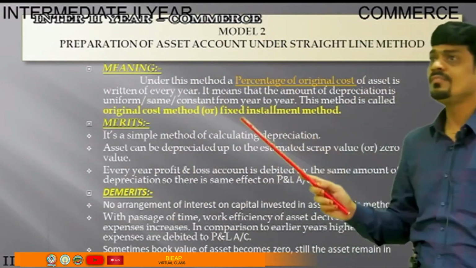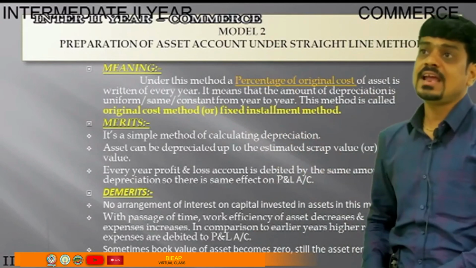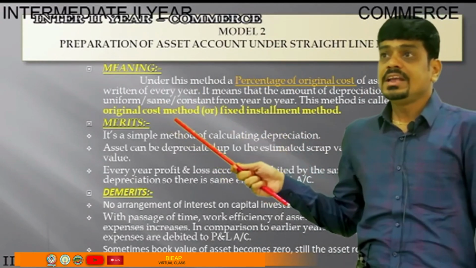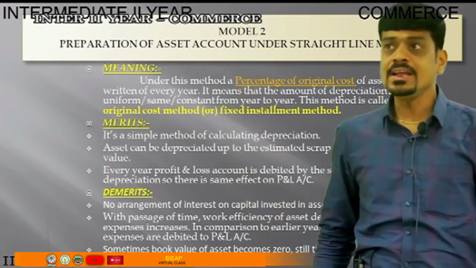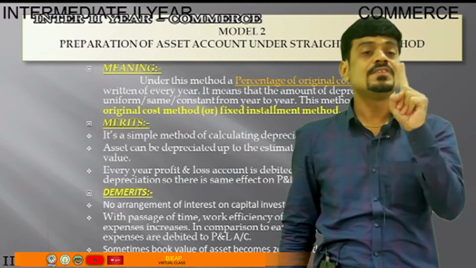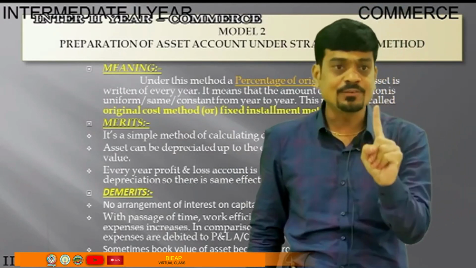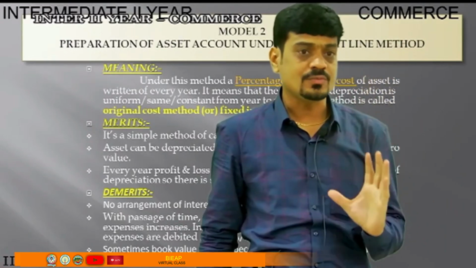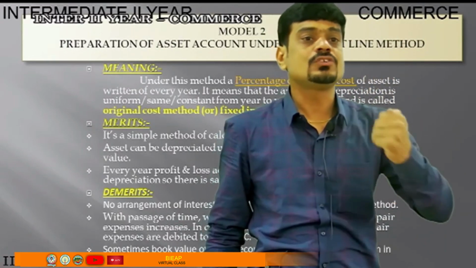Now, let us look at the merits and demerits of this method. It is a very simple method of calculating depreciation. Why is it simple? Because in this method, we calculate depreciation only one time. Say for example, if we got 10,000 rupees depreciation, that will remain constant. So calculation became simple.